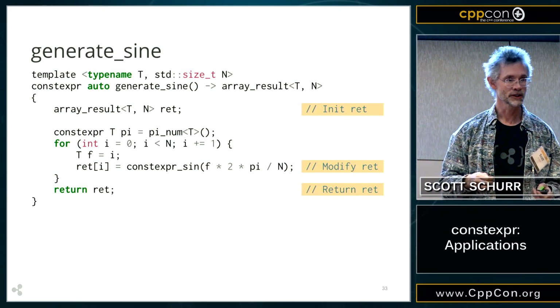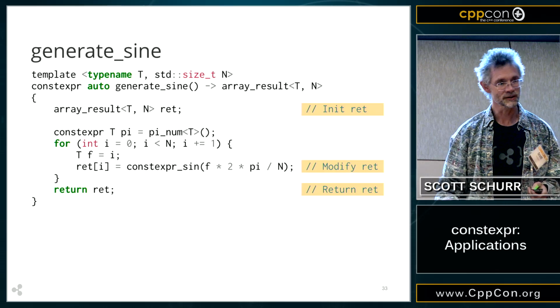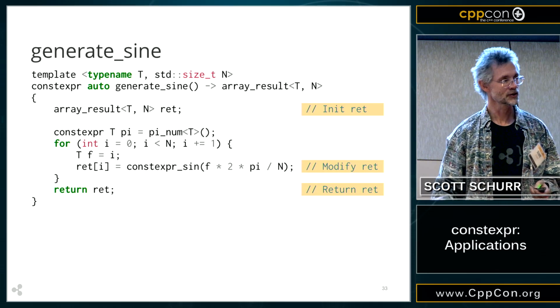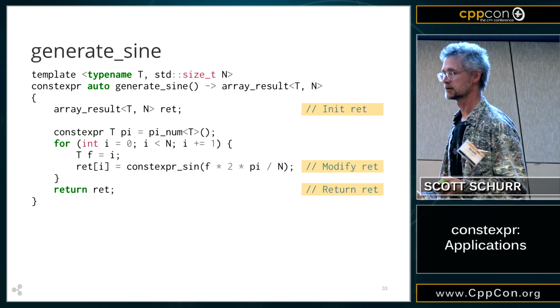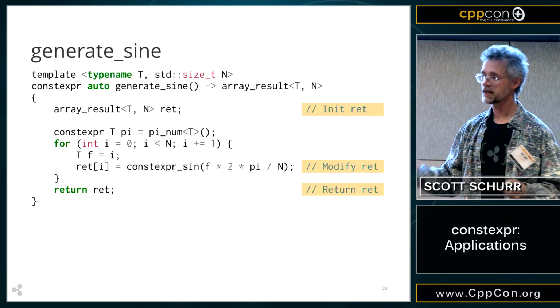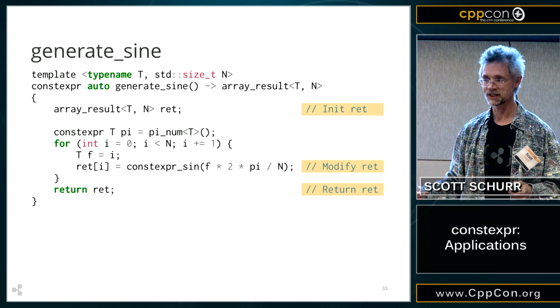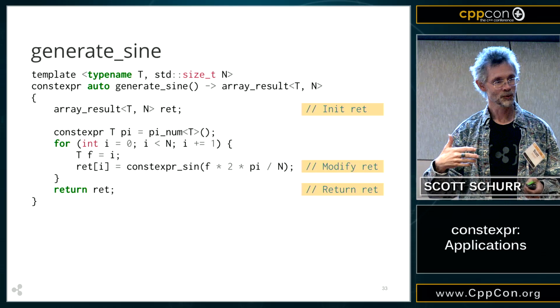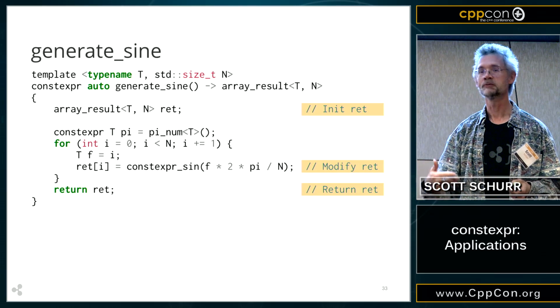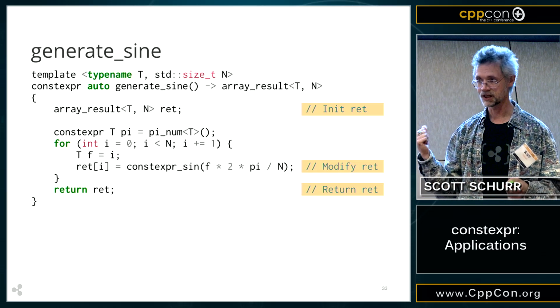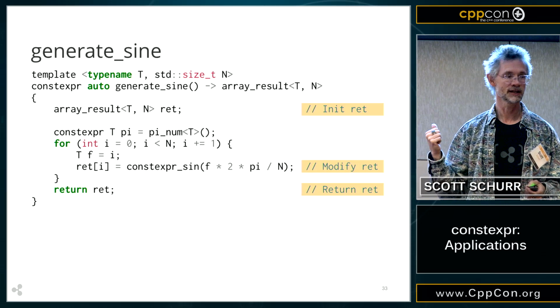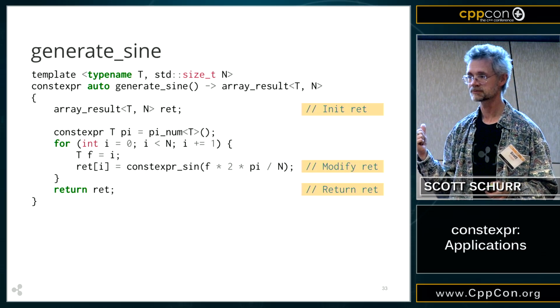And now we're going to return it. When it's returned, that's when the concrete sets. Right now, I'm talking about C++14. If we were working in C++11, we'd be doing a lot more work, because in C++11, you can't put anything in the body of the constructor.